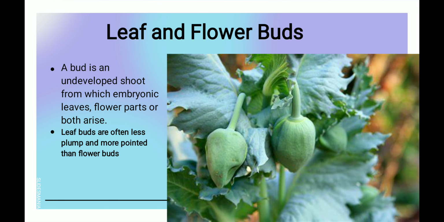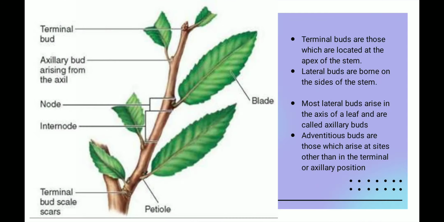So, leaf and flower bud. A bud is an undeveloped shoot from which embryonic leaves, flower parts, or both arise. Leaf buds are often less plump and more pointed than flower buds. We have terminal buds and lateral buds.